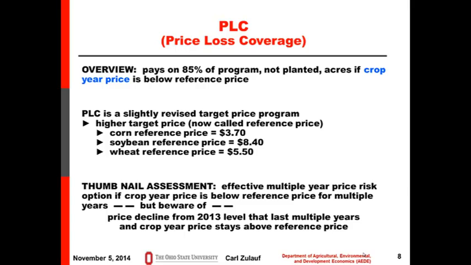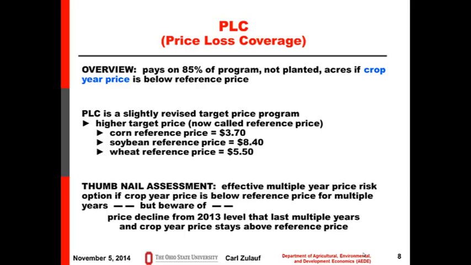And the 2014 Farm Bill did raise the target prices higher. The corn reference price is now $3.70 a bushel. The soybean reference price is $8.40 a bushel. And the wheat reference price is $5.50 a bushel.